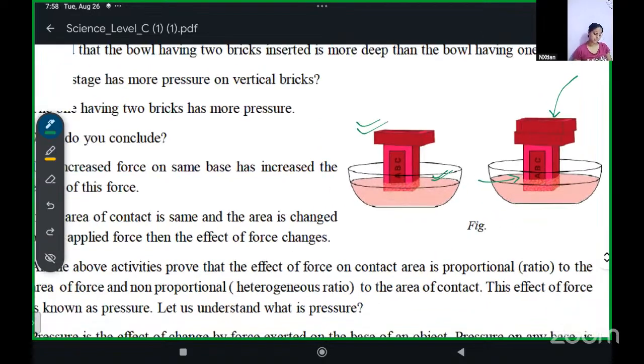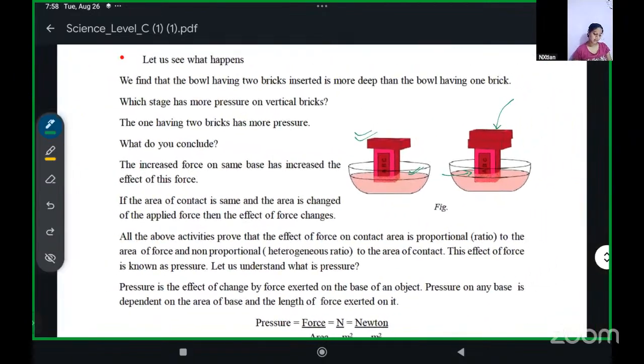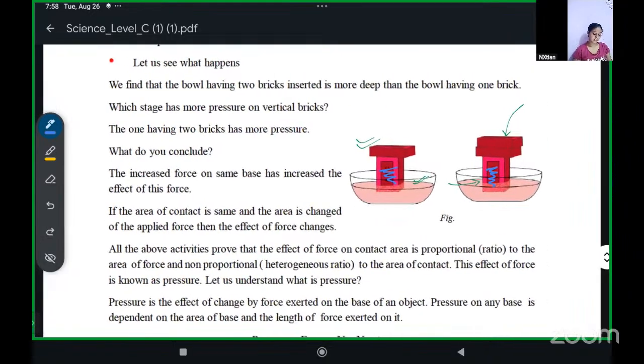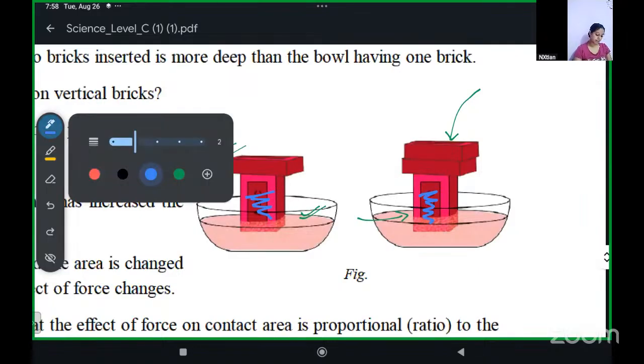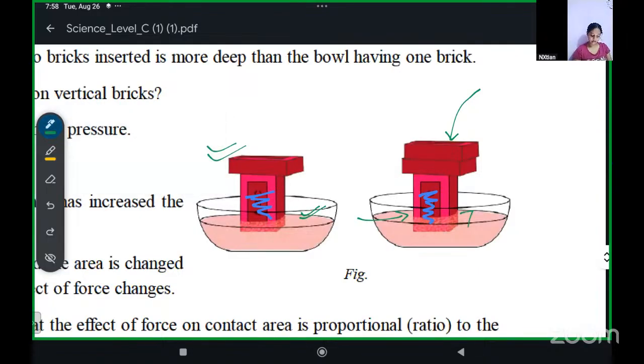So the increased force on the same base has increased the effect of this force. My vertical bricks are my bases. This part where you can see it submerged, this is the effect of force.